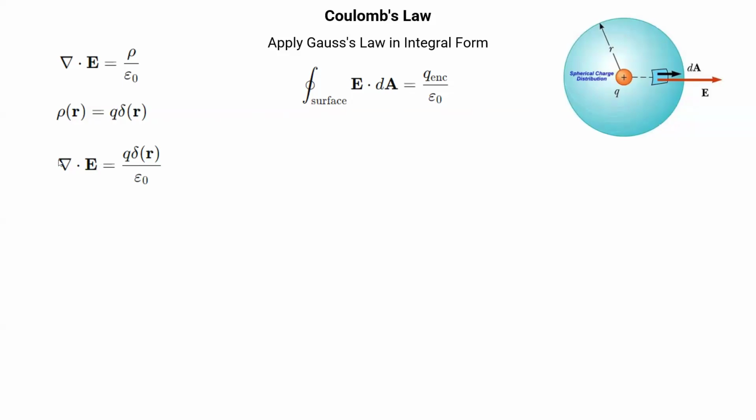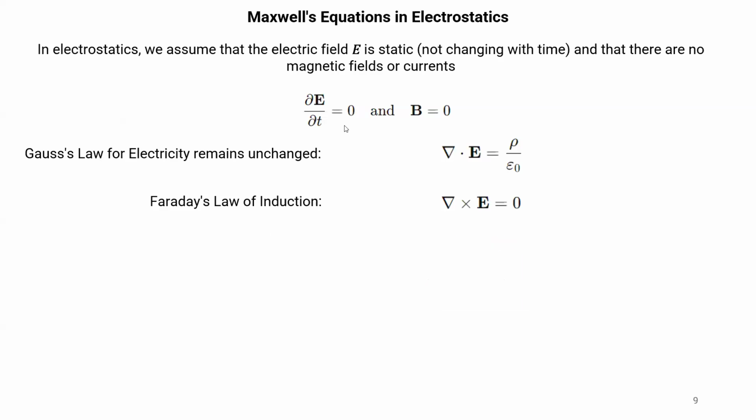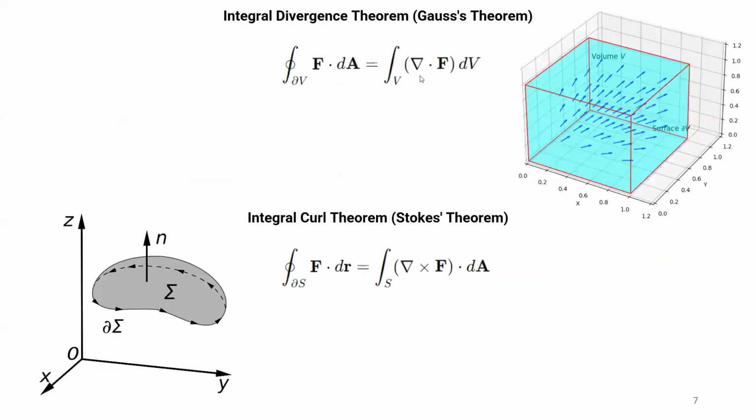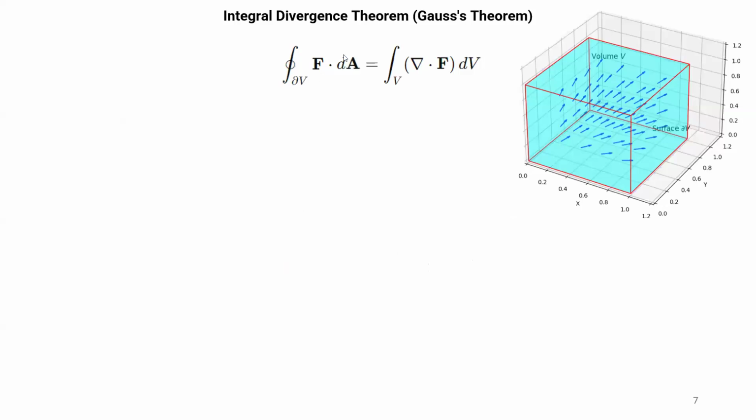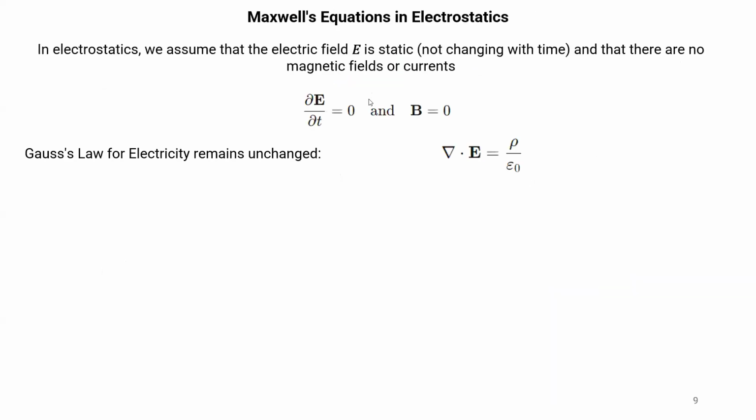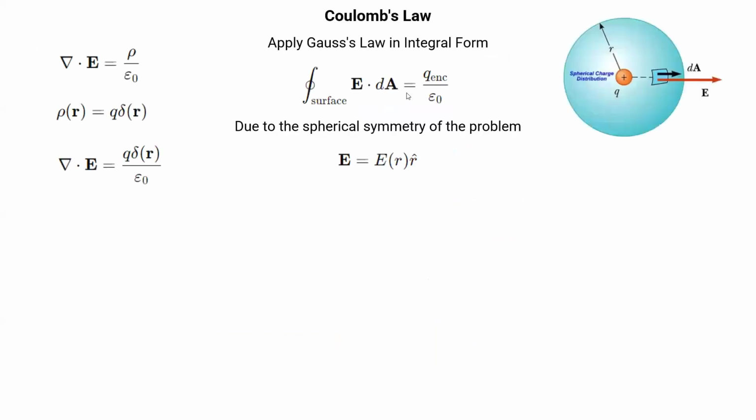The part on the left, the integral of the divergence of electric field, can be rewritten as an integral over the surface using the integral divergence theorem, or the Gauss theorem. This one. I use the fact that the volume integral of the divergence of the field is equal to the surface integral of this field over the surface. So this is the result.